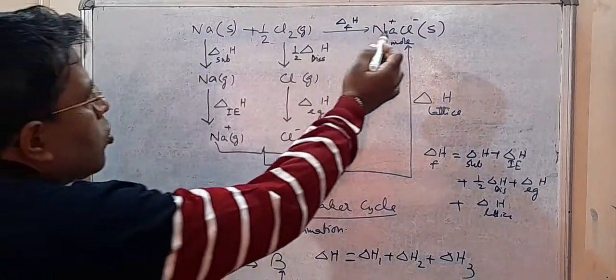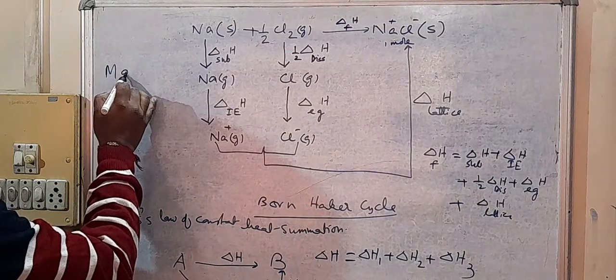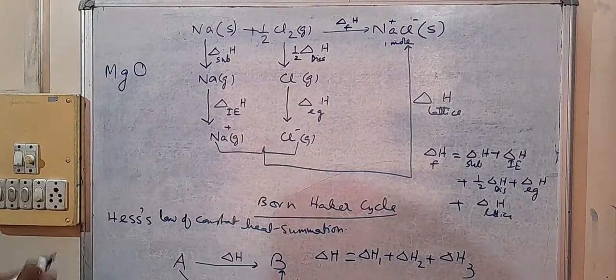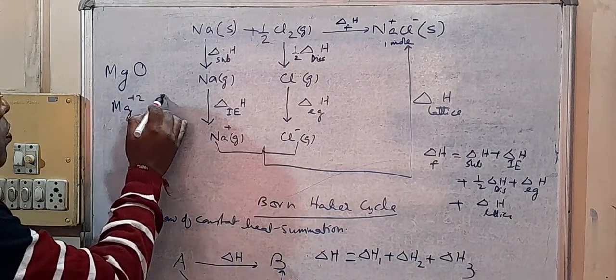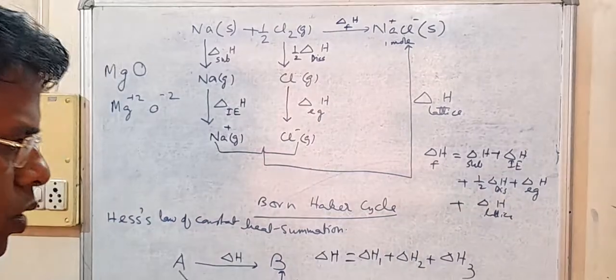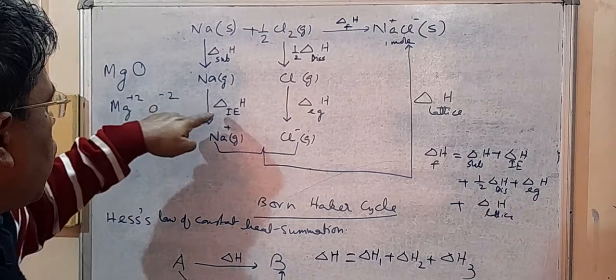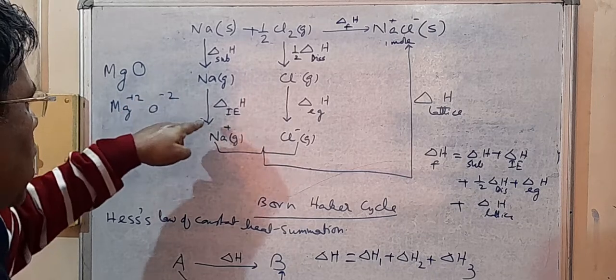Now I am giving you one question for yourself. Suppose I have drawn the Born-Haber cycle for NaCl. You should try to do the Born-Haber cycle of magnesium oxide. Since it is Mg2+ and O2-, here is a hint: for magnesium ion formation there will be two steps, first ionization enthalpy and second ionization enthalpy.